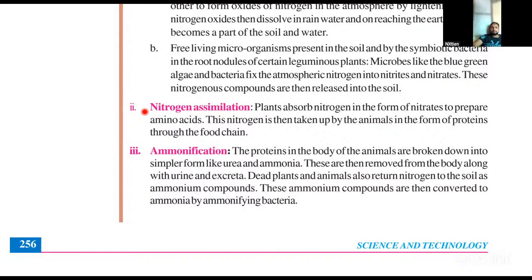Leguminous plants are the pulses, no? That leguminous plant has bacteria called rhizobium bacteria, and that rhizobium bacteria helps in nitrogen fixation so that the pulses have amino acids, and those amino acids are basically called proteins. Proteins are made up of amino acids.